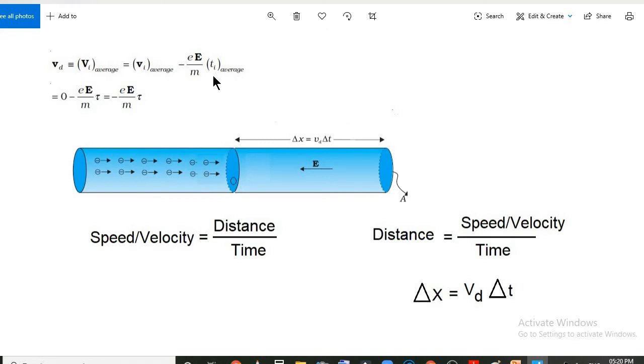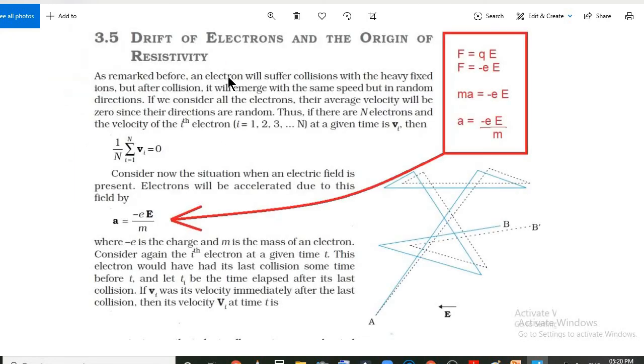This time is different for different particles, because as per this figure, maybe the first electron is traveling from here. It will travel this much distance. At that time it will meet another molecule, so it will undergo a collision. Up to that time it gets a chance to increase its velocity.